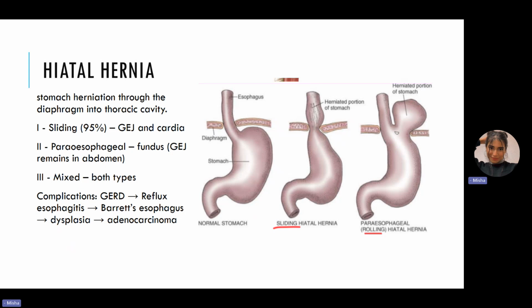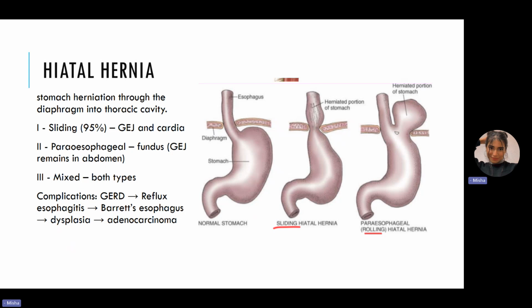of the diaphragm, and this causes the loss of the reflux barrier, and fluid can actually enter the esophagus from the stomach. Okay, so now the most important thing you need to remember is that there can be different types of herniations that can occur. So we can have, for example, sliding, we can have paraesophageal, right? Or we can have a mixed in which we have both of the types.